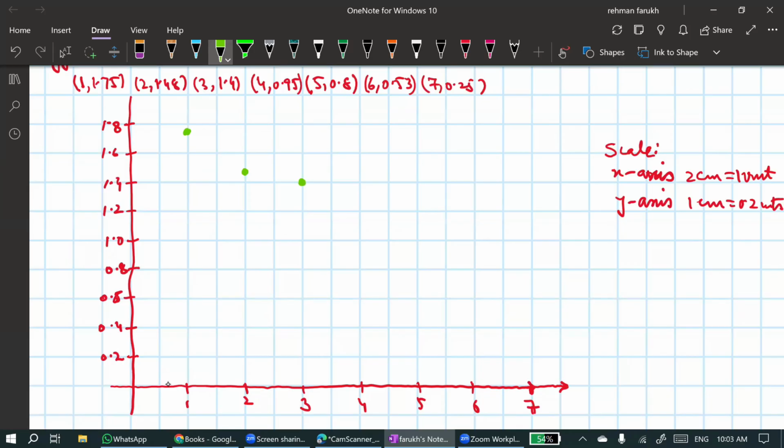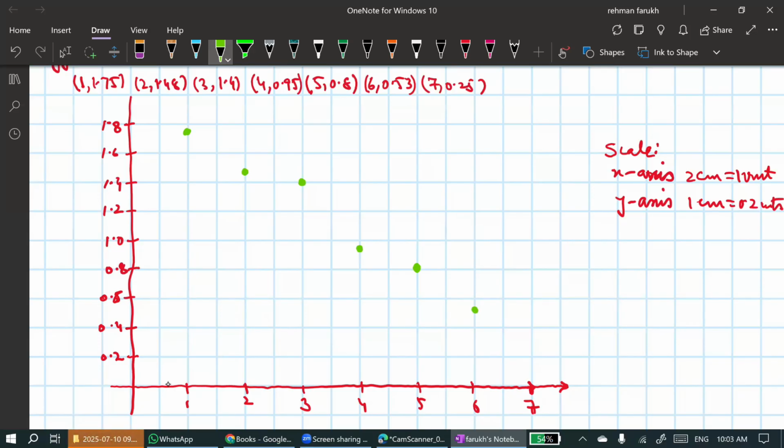4 and 0.95. This one is 0.9, and this one is 0.95. 5 and 0.8. Now 6 and 0.53. This one is 0.5, and this one is 0.53.